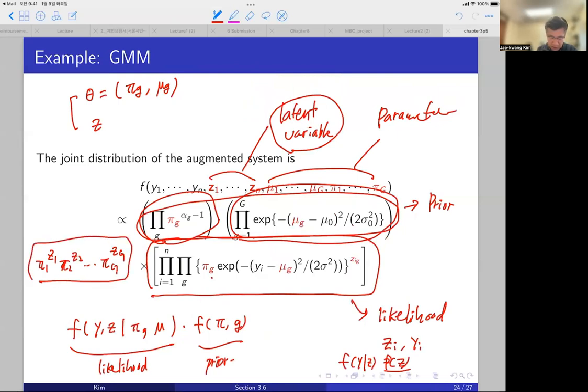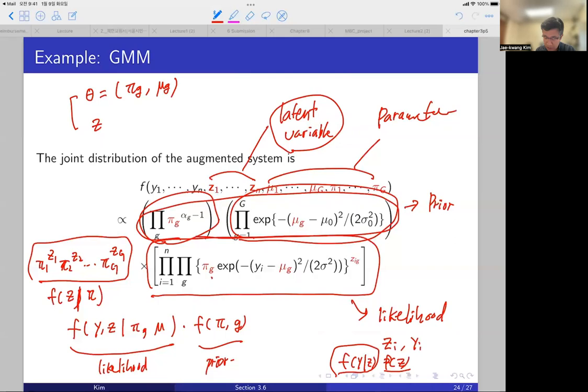That corresponds to f of z given the parameter. And then what is y given z? It's just normal, right? If you know the group, then we know that y follows a normal.